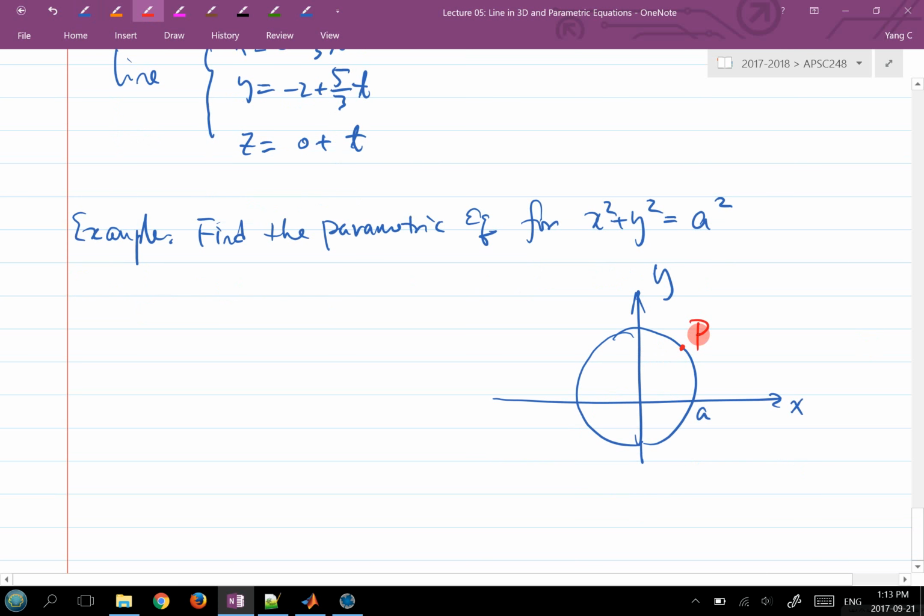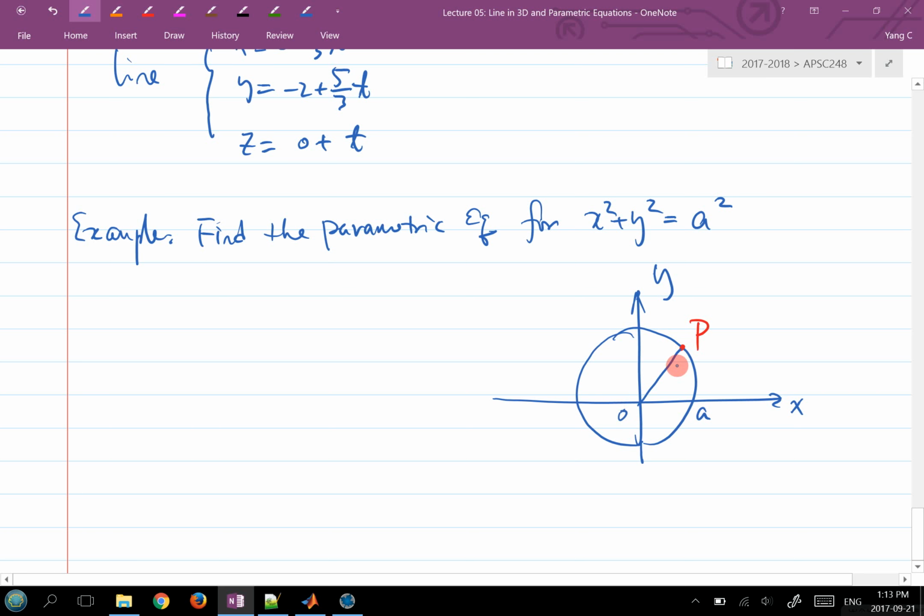How do we describe the motion of this point P, which sweeps out a circle? Here's what I would do: I'll draw a vector from the origin to the point P.